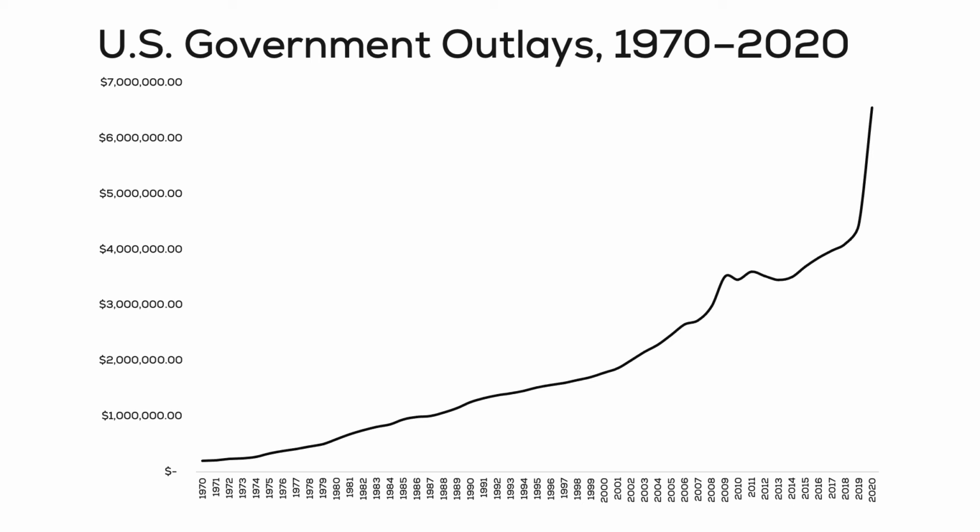We see an increase in spending around 2001, then again during the Great Recession, and recently between 2019 and 2020. So that's a quick overview of our government spending. In the United States, government spending is broken down into three categories: mandatory outlays, discretionary outlays, and interest payments.